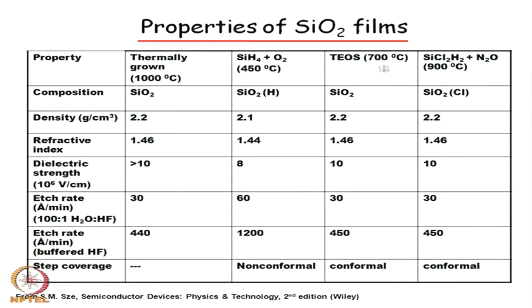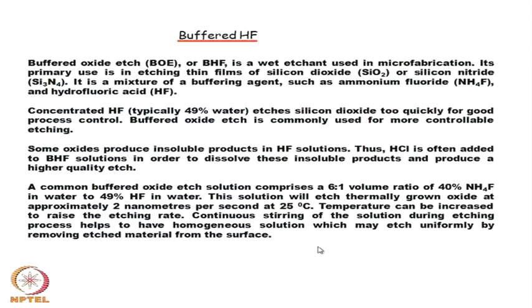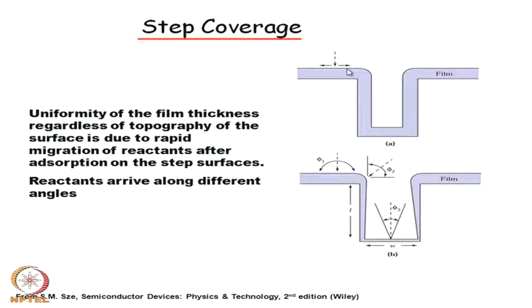However, for TEOS or dichlorosilane it is conformal. Now, what is conformal, what is non-conformal? Conformal means the thickness of the grown film is uniform regardless of the topography of the surface.